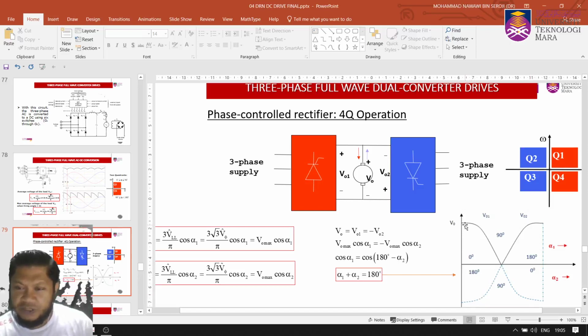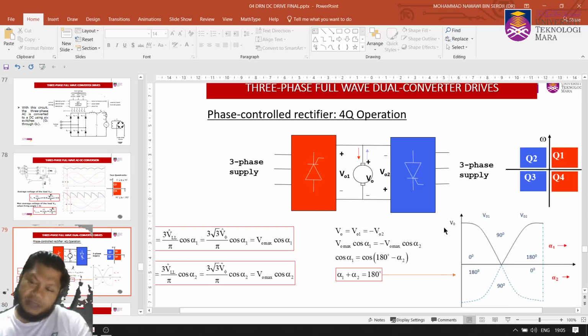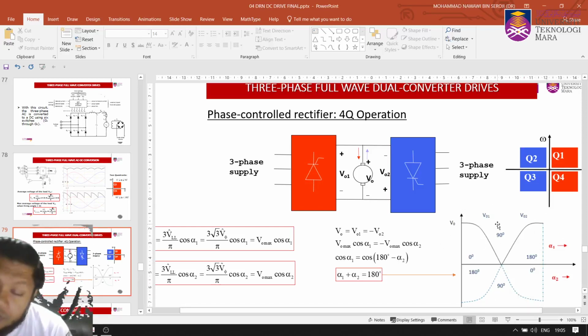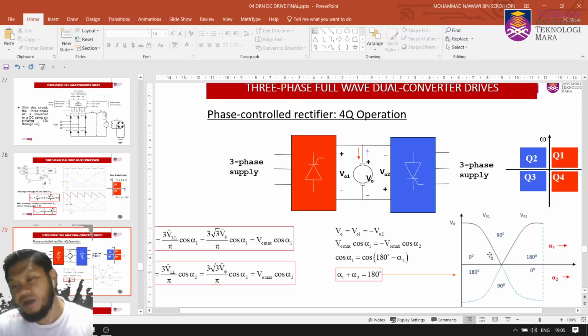Okay, so it operates until 90 degree. Next, if you increase alpha further, now you're going to see V out 1 is negative and V out 2 is positive. So this is a very good plot to show you what happens if you have alpha 1 and alpha 2 here.